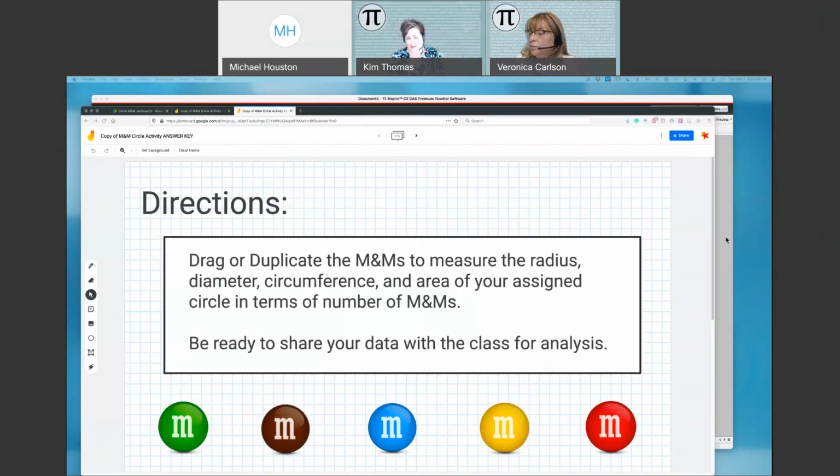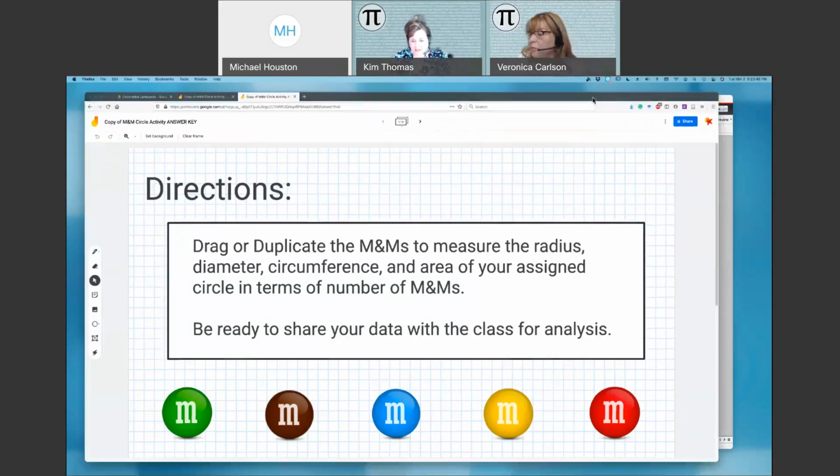I'm anxiously waiting for when I can do this with my geometry students. What I just put into the chat is a link to this Jamboard, but you're going to make a copy of it. There's another file inside of our documents to share that has the link again so that you can keep on making copies of this Jamboard.